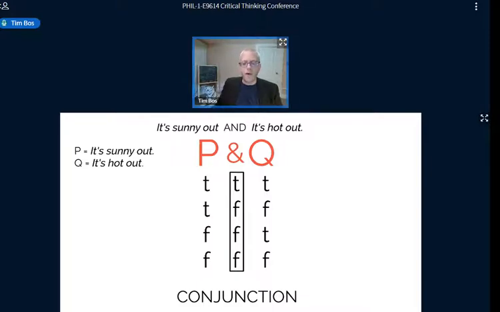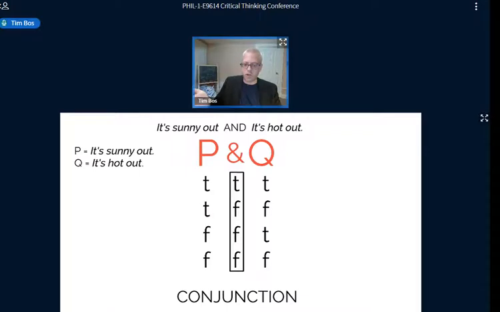You all knew intuitively, if I tell you that it's sunny and hot, to judge whether or not that statement is true, both of those things have to be true. If one of them is false, the whole statement is false. You know that intuitively. That's what this truth table is showing you.